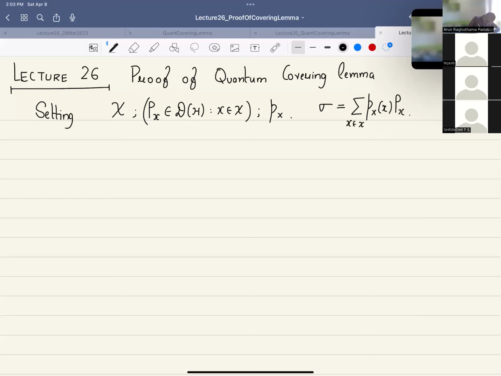Clearly, we know sigma tensor n is 1 by... we know this.